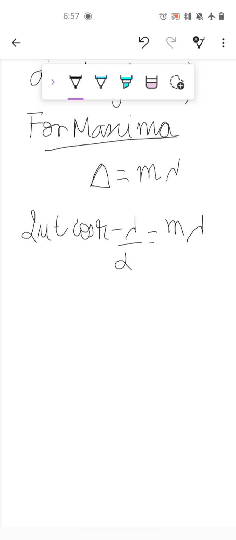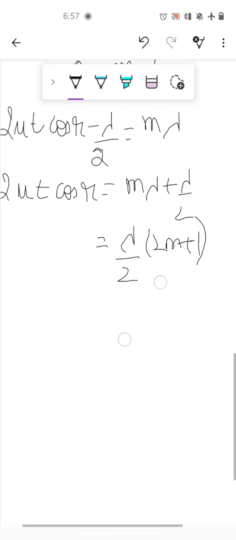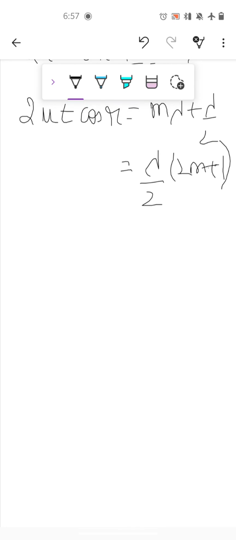Now we put this lambda by 2 on the other side of the equation, so we get m lambda plus lambda by 2. On taking lambda by 2 common, we have 2m plus 1 lambda by 2. This is the condition for bright fringes.